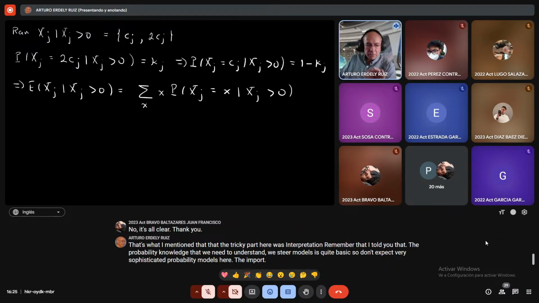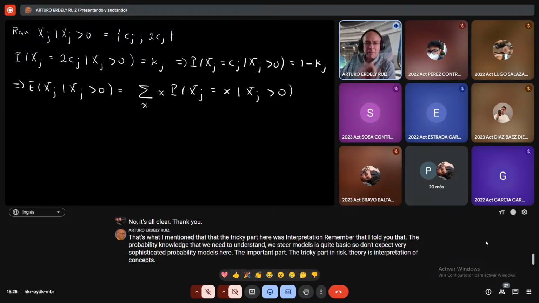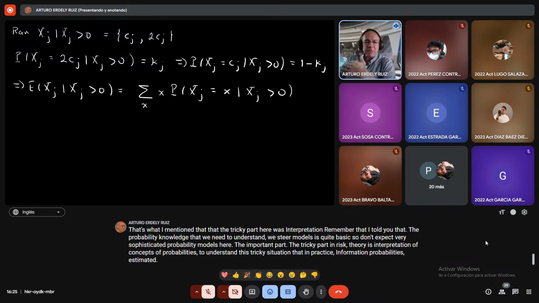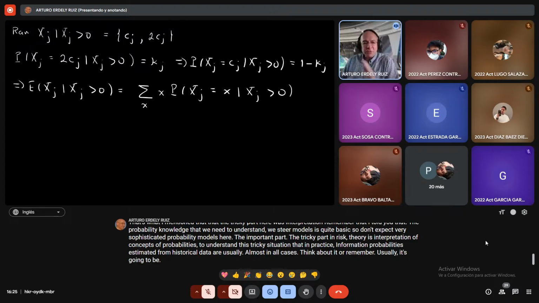The important, tricky part in risk theory is interpretation of concepts and probabilities, to understand that in practice, probabilities estimated from historical data are usually, almost in all cases, going to be a conditional probability, conditional on something.